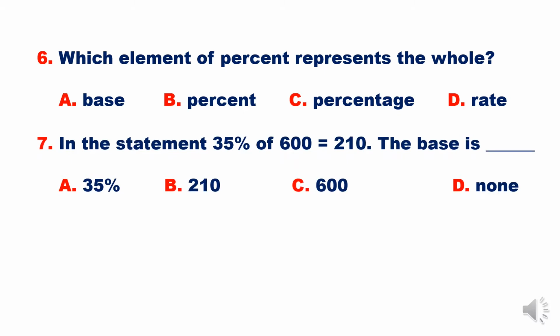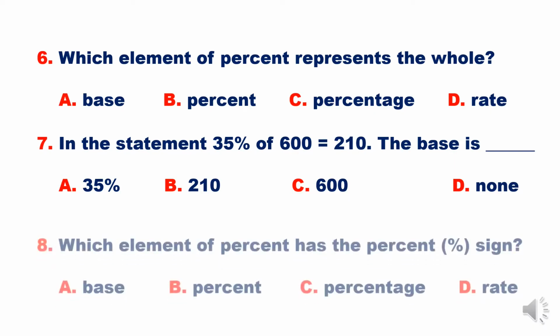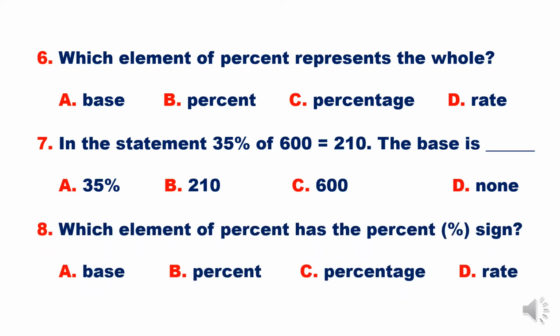Number 7. In the statement 35% of 600 equals 210, the base is A. 35%, B. 210, C. 600, D. None. Number 8. Which element of percent has the percent sign?